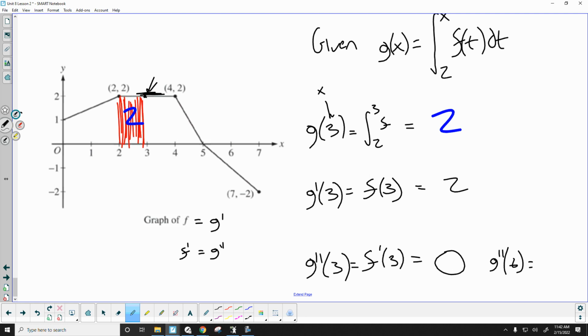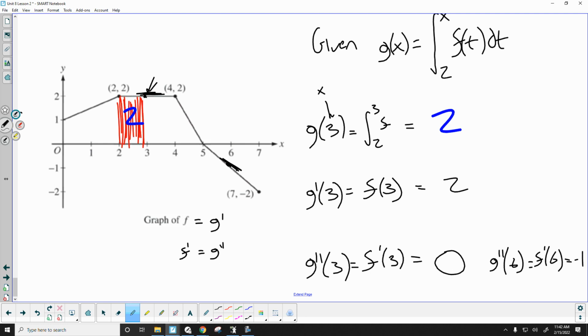Negative 1 is correct. F prime of 6 is the slope of this line segment. The slope of the line is the slope of the tangent, down 2 over 2, negative 1. Cool.